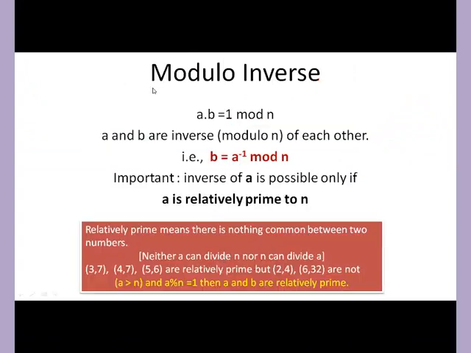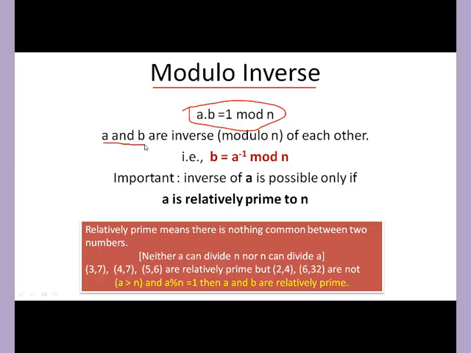Modulo inverse. This is a very important concept, and particularly for cryptography it is the base, we can say, for many protocols. What is inverse? If we take the product of A with B and we get 1 modulo n, then we say this B is the inverse of A modulo n.